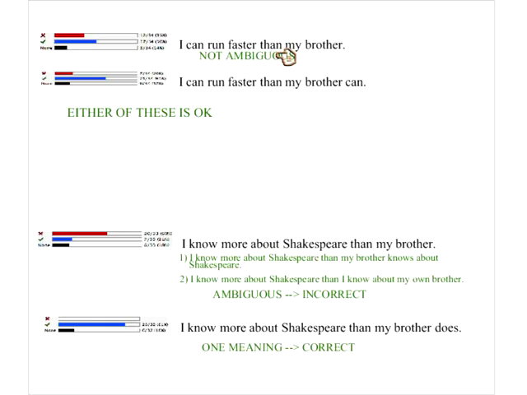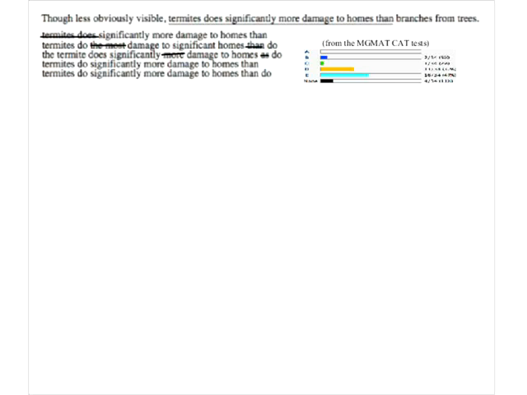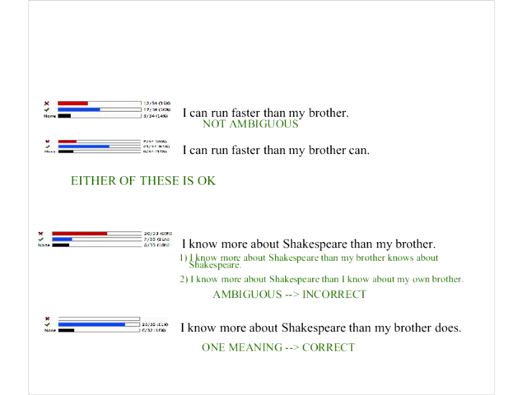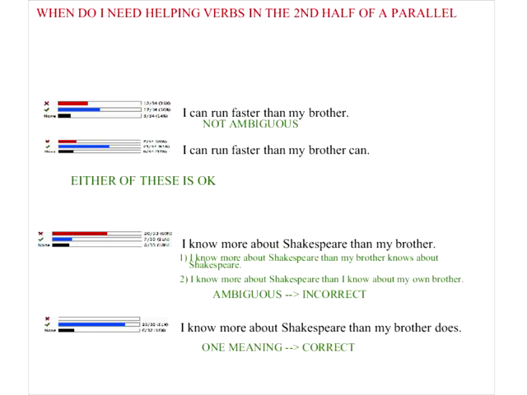I mean, it's either correct or it's incorrect. They're not going to make you choose between them. So when do you need the helping verbs? I'll make a long story short because time is really starting to tick on us here. But when do I need helping verbs in the second half of a parallel construction?